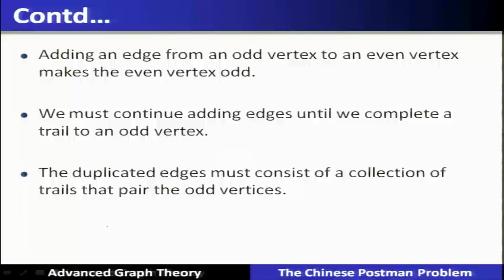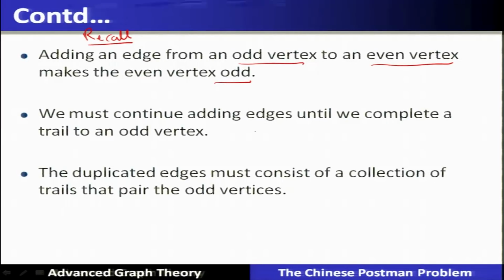So let us recall what we have done in the previous example. Adding an edge from an odd vertex to an even vertex makes the even vertex odd. So we have to keep on doing it.